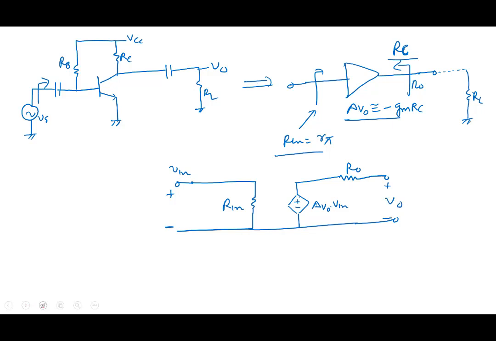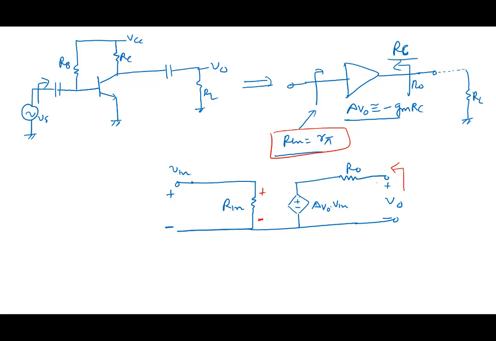When you said Rin, what is it? The resistance looking from here. So when you look at your amplifier, it appears as a resistance Rin, and there is a voltage across it which is Vin. When you look at it from the outside here, what will you see? The gain.